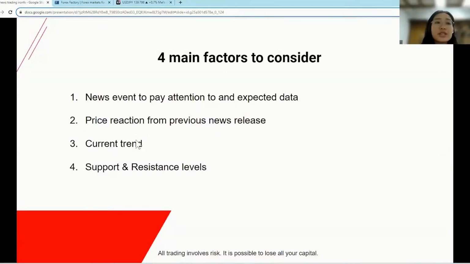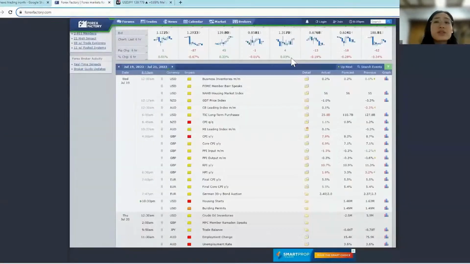Once you observe that, you can then look at the current trend as well as your support and resistance levels that you intend to place as perhaps your stop loss or your entry levels, or even take profit levels to prepare yourselves for any of these upcoming events.